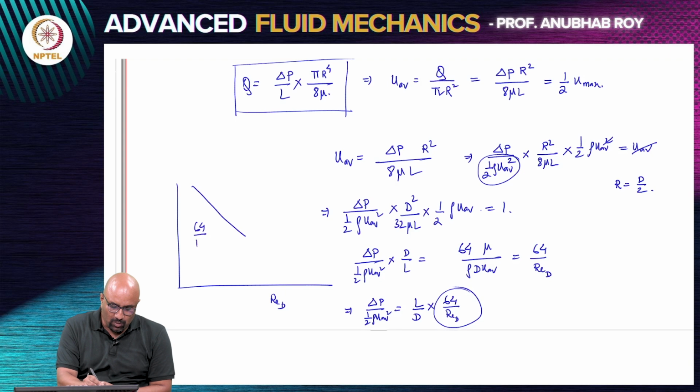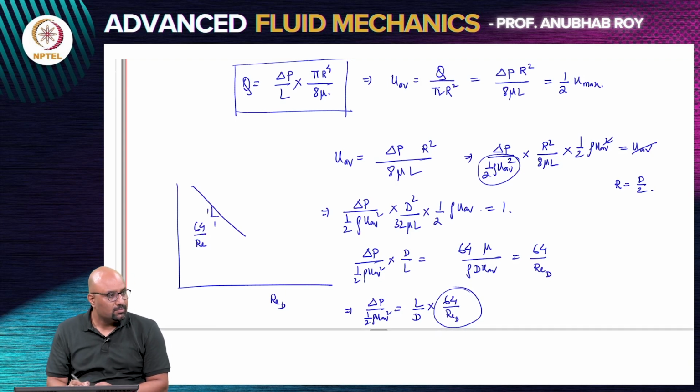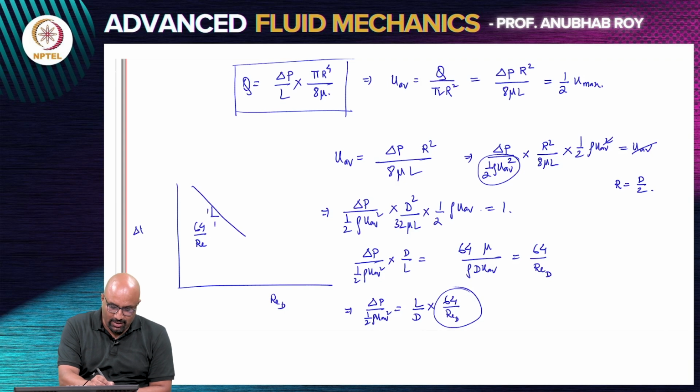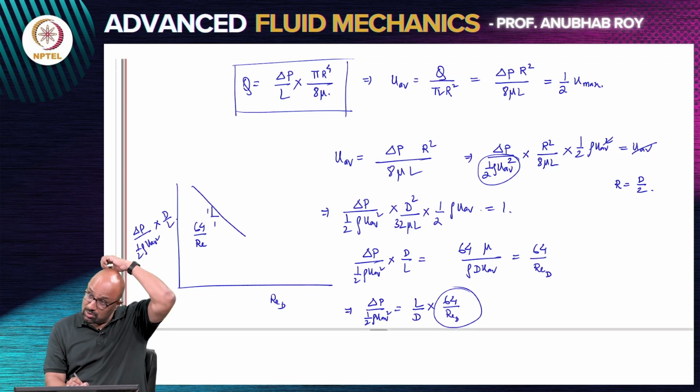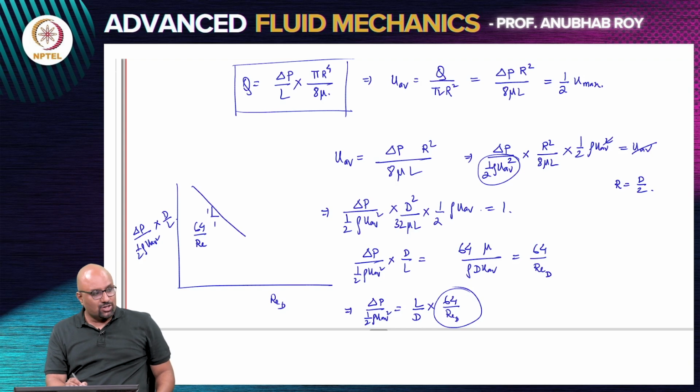It is going to appear as a straight line with a slope of -1. This is what the theory predicts. So, the theory predicts that your non-dimensional pressure drop multiplied by D by L, which is what gives you the friction factor, as a function of Reynolds number is decreasing as 64 by Reynolds number.